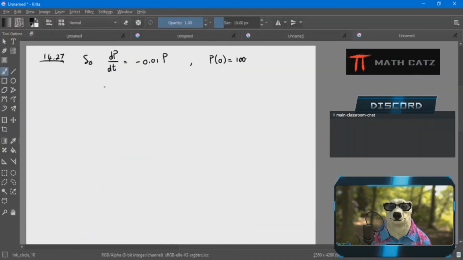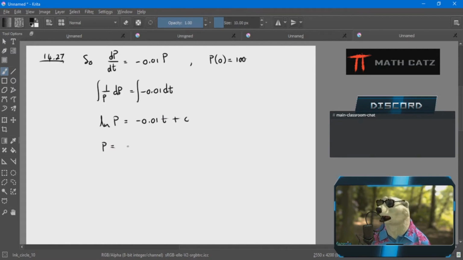So I'm going to go about my business and solve this the exact same way, separating the variables, keeping the constant on the right, integrating both sides: natural log of P in this case equals negative 0.01 t plus a constant.